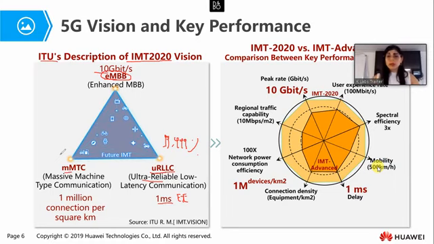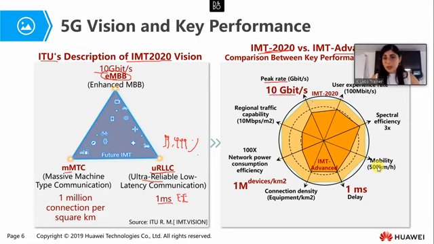So if we look at the picture that we can see on the right of this slide, we can see a comparison of key performances between the 5G and the 4G network. And we can see, starting from the peak rate, with 5G, we are able to reach 10 gigabit per second of peak rate.